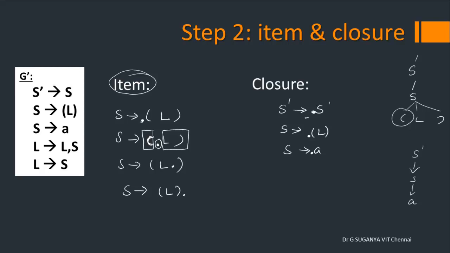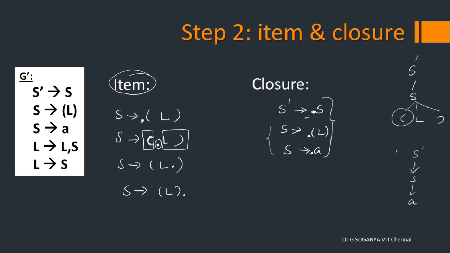So this is what we call the closure. What's a closure? When there is a dot followed by a non-terminal, include its productions with a dot on the left-hand side. Again, in the added productions, if you happen to have a non-terminal after a dot, its productions also have to be written. That is the meaning of closure.